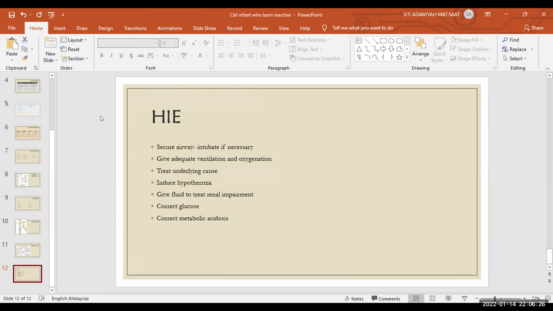And after that, we need to treat the underlying causes of the hypoxic ischemia and encephalopathy. And then we need to introduce hypothermia. And if there is presence of renal impairment, we need to give fluid.